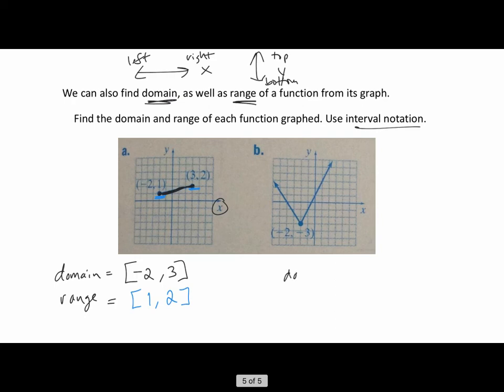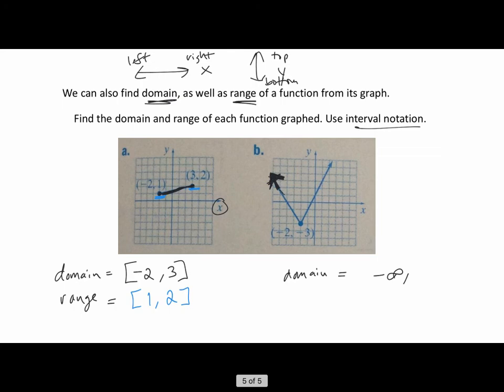Then look at example B here. I want my domain, so all the x values from least to greatest. So if I start on the left, that's actually an arrow. It's not an endpoint, it's an arrow. And what that tells me is this goes left forever. So that's going to be negative infinity.